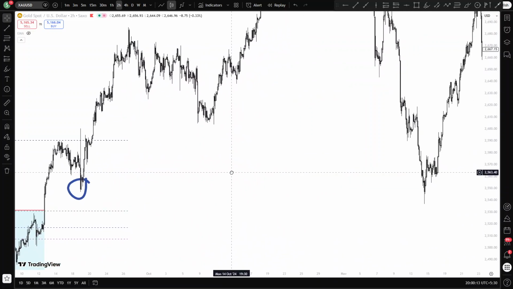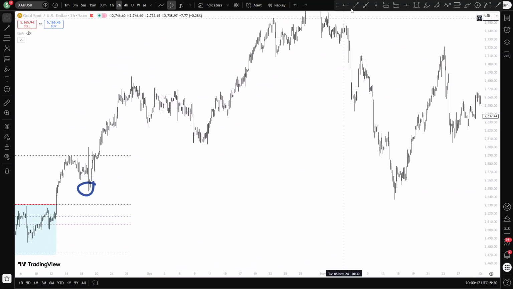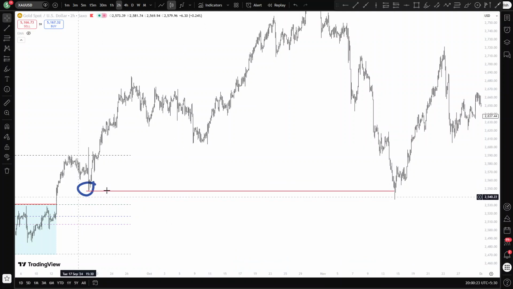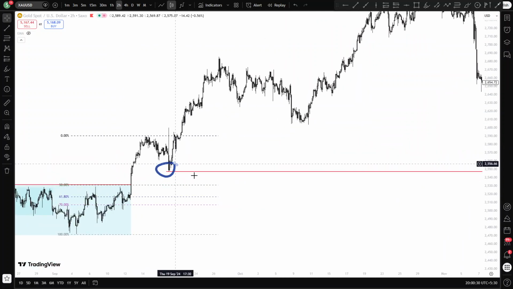So what have we seen? The same thing which I was just explaining. Look at what happened here. The market had to come and take out this. Why? It's because this pullback did not come back to the 50%.